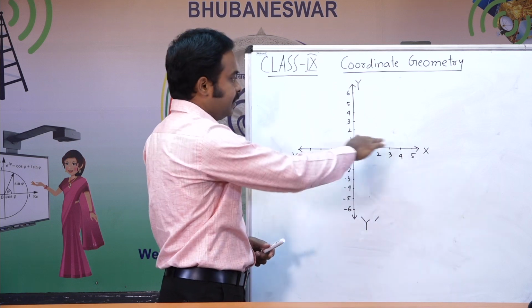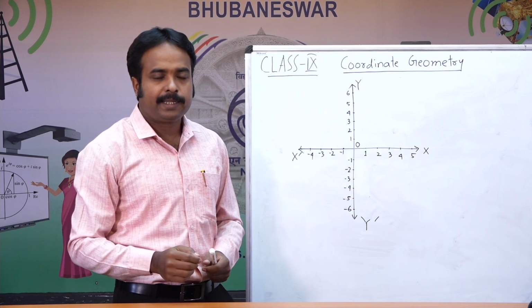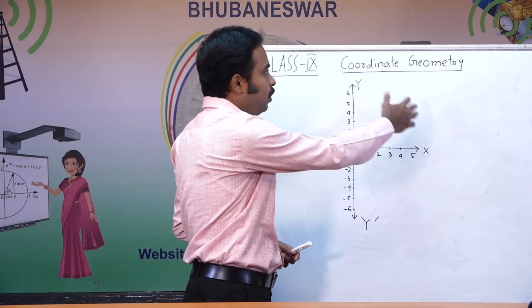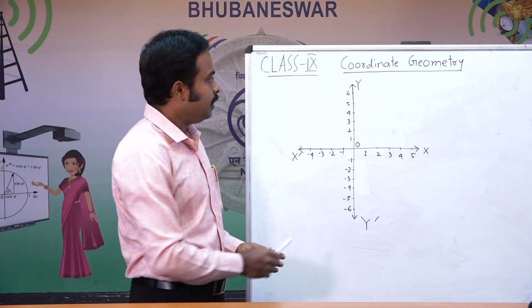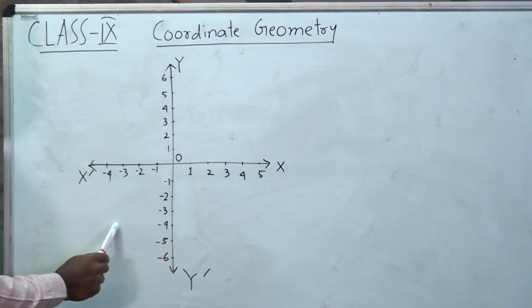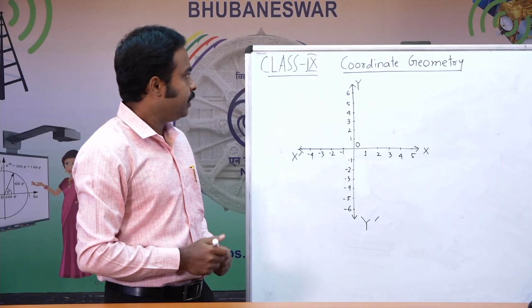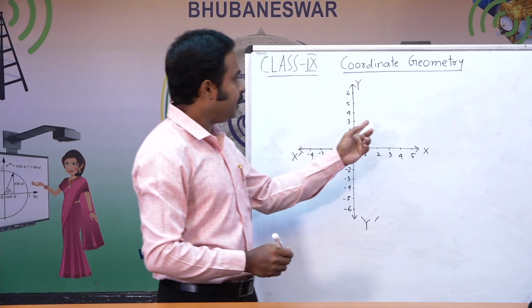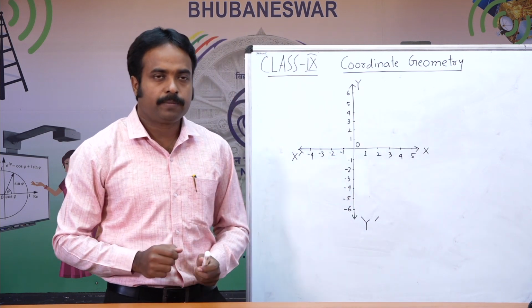These two lines are called the Cartesian axes. They divide the whole plane into four regions. These are called the first quadrant, second quadrant, third quadrant, and fourth quadrant. And you know that all the things in the first quadrant are positive.